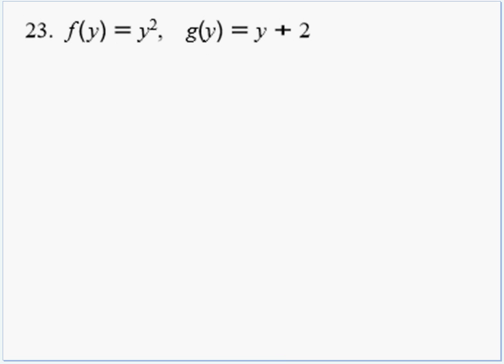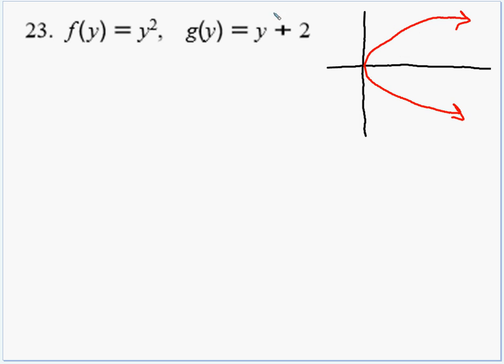So let's do a quick little graph here. If this was y equals x squared, it would be a parabola opening up. But since it's x equals y squared, it will be a parabola opening to the right, over here where our x values are positive. And then this, x equals y plus 2, or we could write y equals x minus 2.